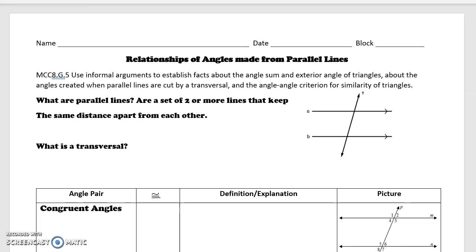So when you got parallel lines, no matter what parallel lines, if you pick any 2 points that are right in the same area, they're going to stay the same distance away from each other.